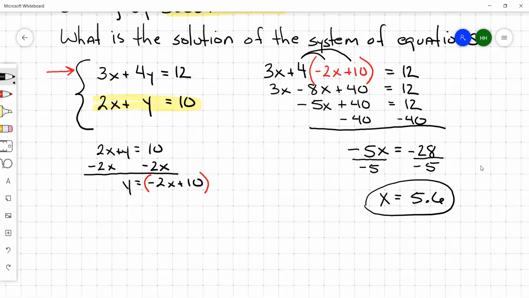In order to get your y value for the system, you take the 5.6, go over here, and substitute the 5.6 where the x is sitting. So you would have y equals negative 2 times your 5.6 plus 10.